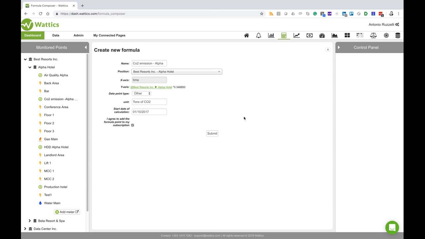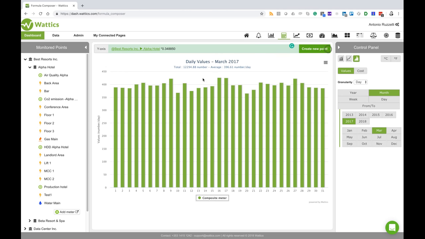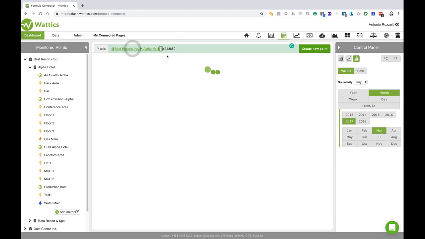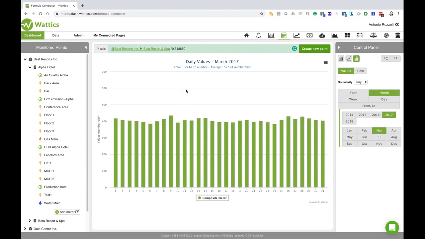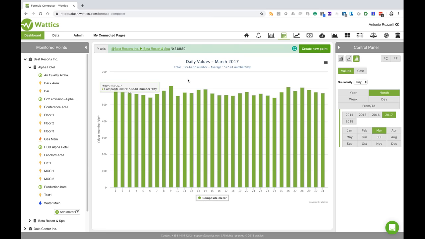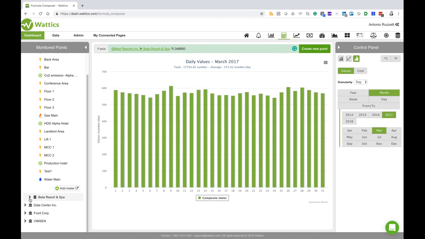So I go back to the previous slides, and similarly you can just go and do the same for Beta Resort, and calculate also the CO2 emission for Beta Resort, which I also did previously.